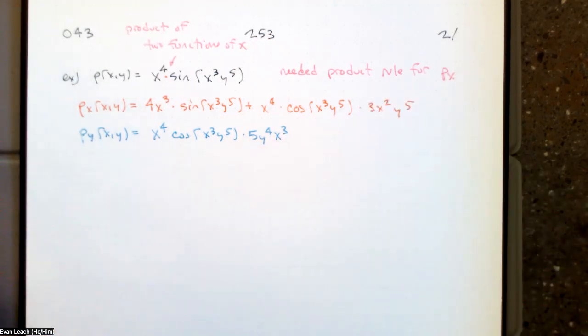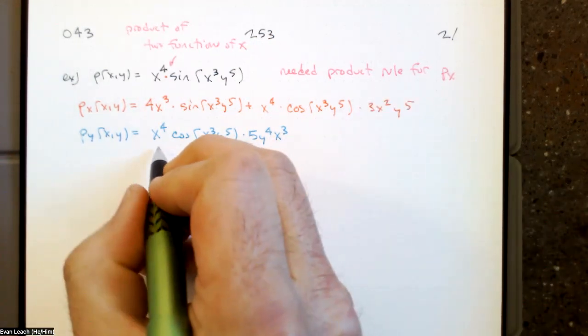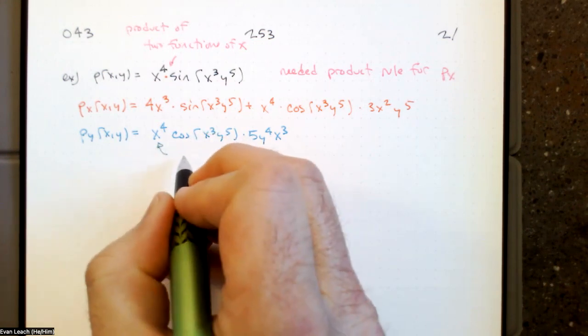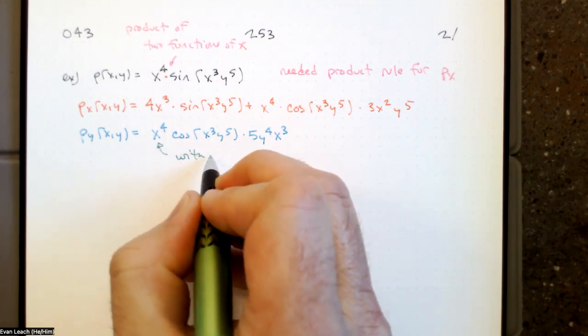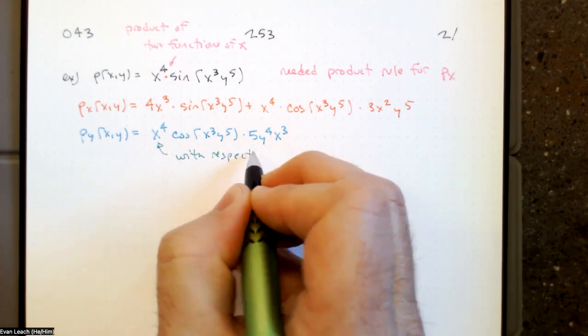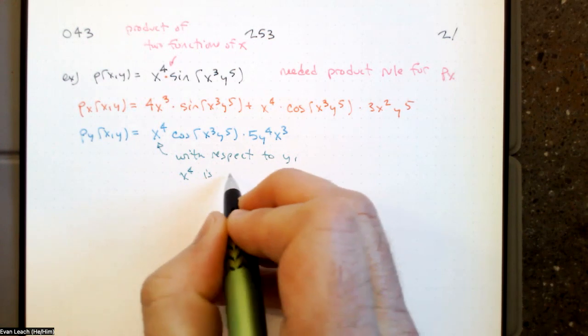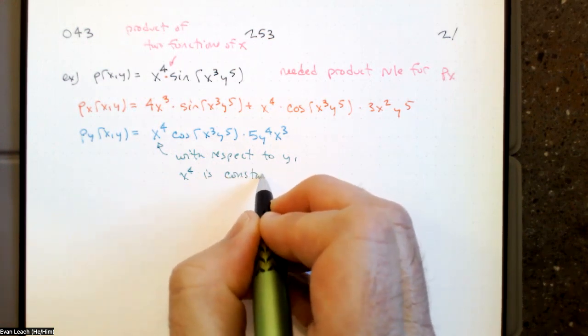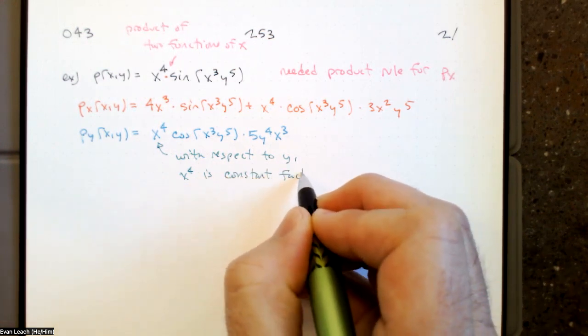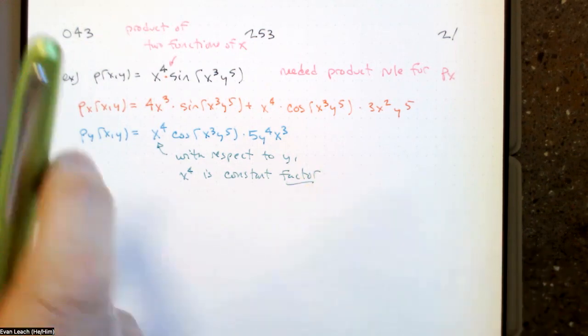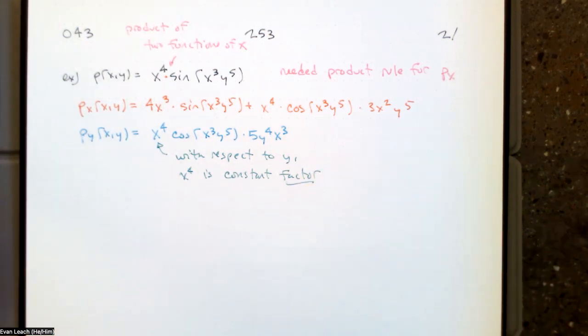And I wrote it in some funky order. With respect to y, x to the fourth is a constant factor. We can use the product rule, but in this case, if we use the product rule with the first factor as x to the fourth, the derivative of x to the fourth with respect to y is 0.